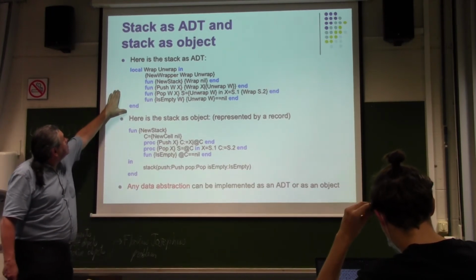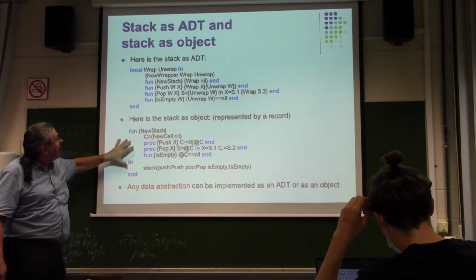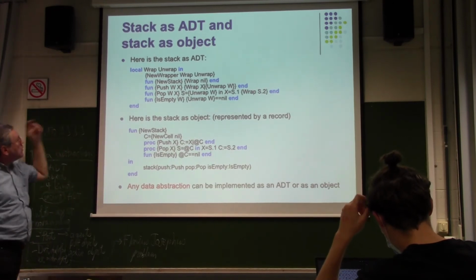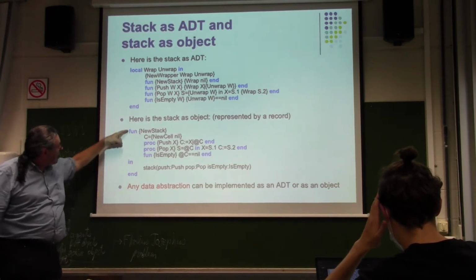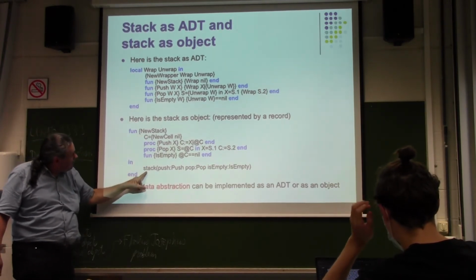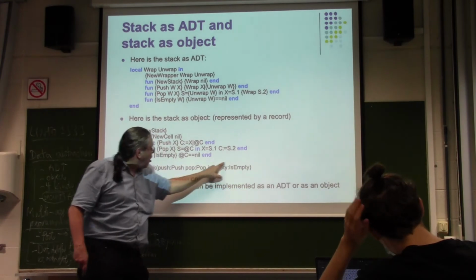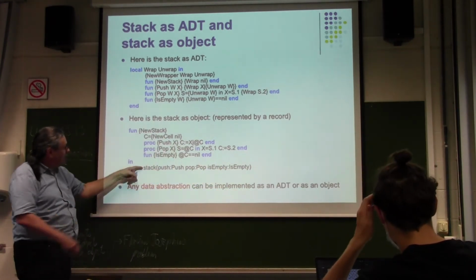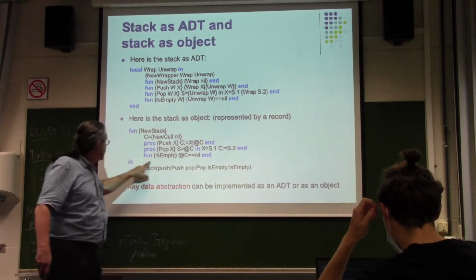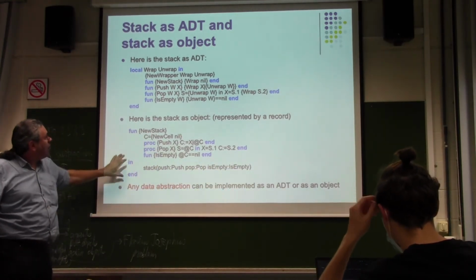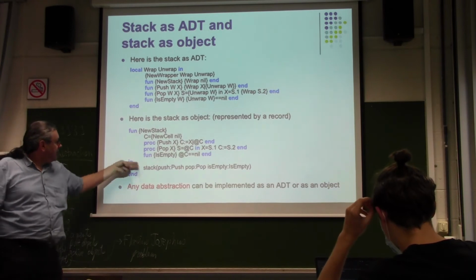So here is the same stack as an abstract data type and as an object. This is the code I showed before with the wrap and unwrap. Here I have a cell. Here, instead of a procedure, I return all the operations grouped together into a record. Okay. So this is another way to represent an object.